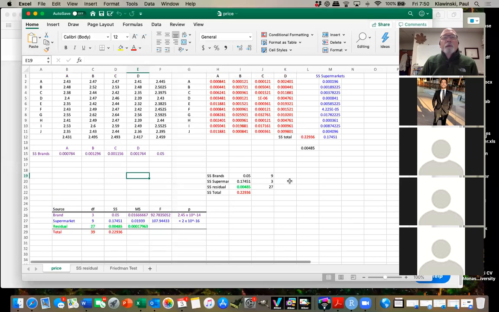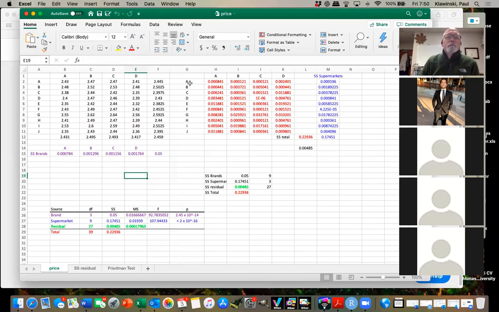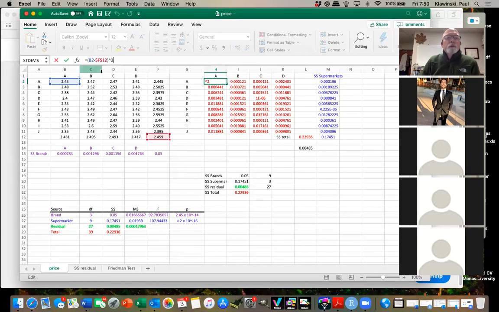So I've pulled up the price data set here. Can everybody see my spreadsheet? Yeah. Okay, so when we click on this, this is calculating sums of squares total. What we have here is the difference between the grand mean, which is 2.459, and the individual data point, squared.